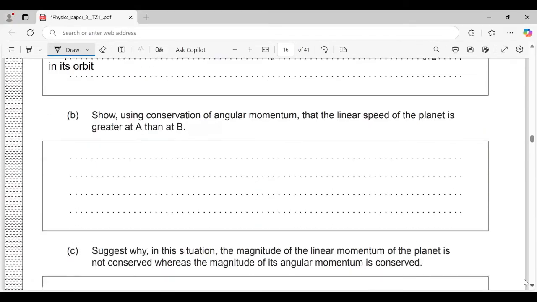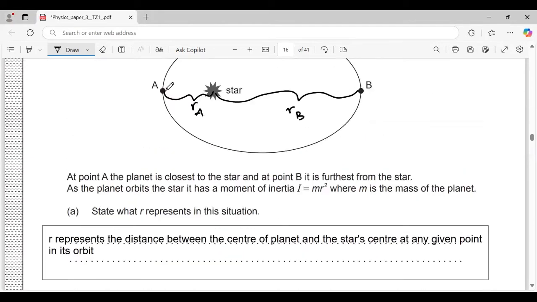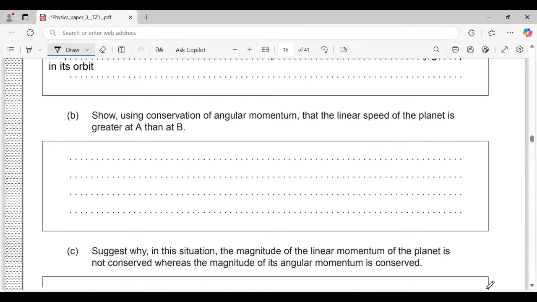Next, show using conservation of angular momentum that the linear speed of the planet is greater at A than at B. So when the planet is at position A, the linear velocity is greater than when the planet is at point B. We can determine the angular momentum through the formula L equal to m r squared, the moment of inertia, times v over r, the angular velocity.